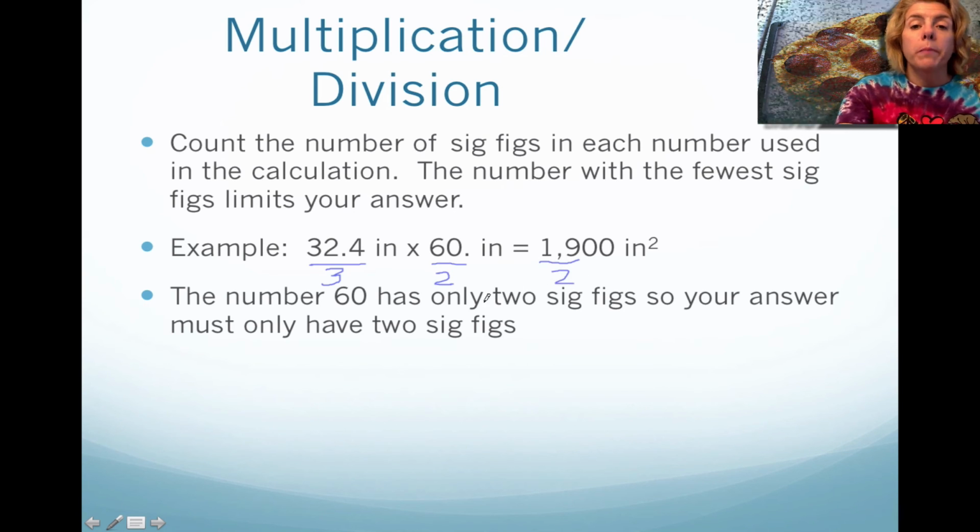Now, if you were to do the math for this, you would probably get an answer that is greater than 1900. What we do is we round up or round down depending on how close we are to the placeholders here. And notice also that this is inches squared. Just a clue to what you're going to have to deal with.